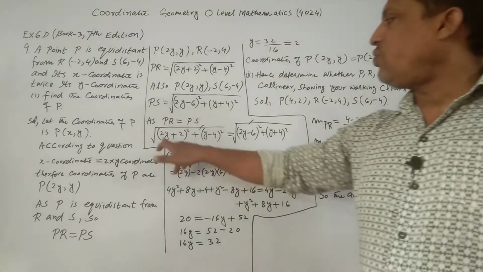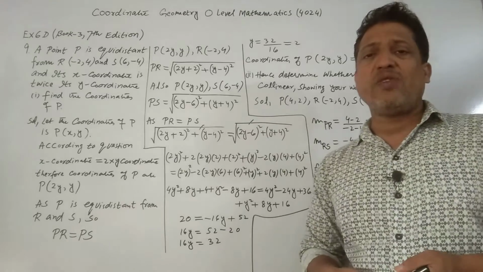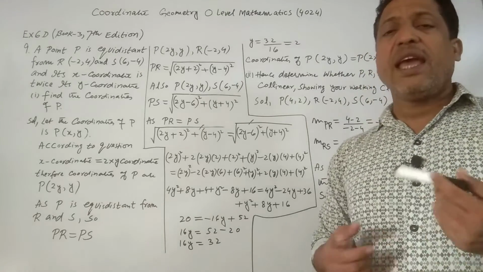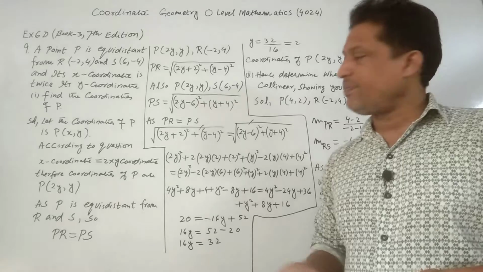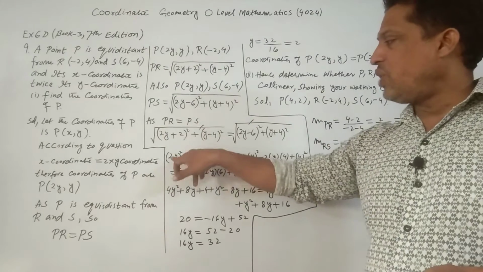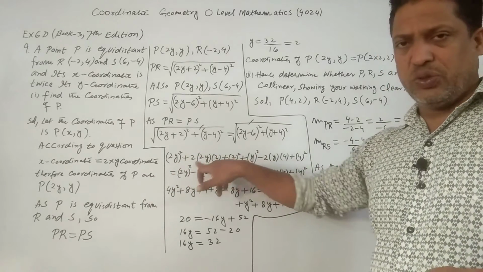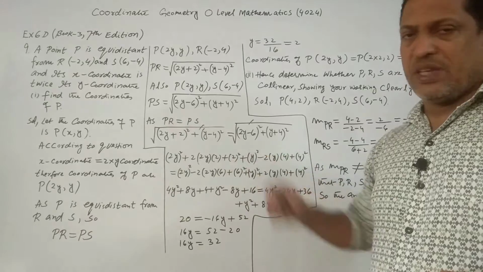See this (2y plus 2) whole square. We have to expand it by using the (a plus b) whole square formula. Here a is 2y and b is 2. So a square, (2y) square, plus 2ab, 2 into 2y into 2, plus b square, 2 square.